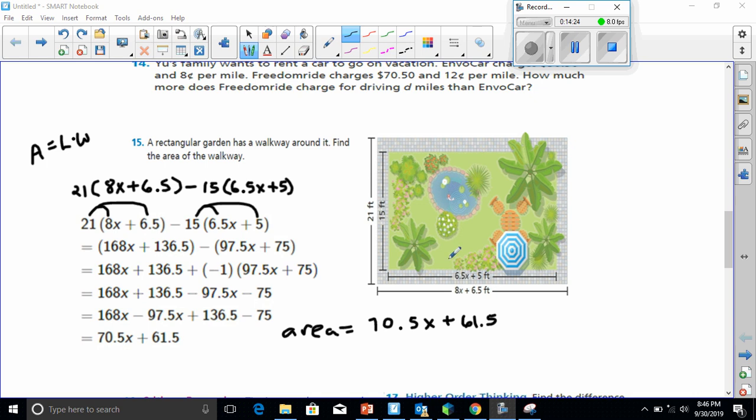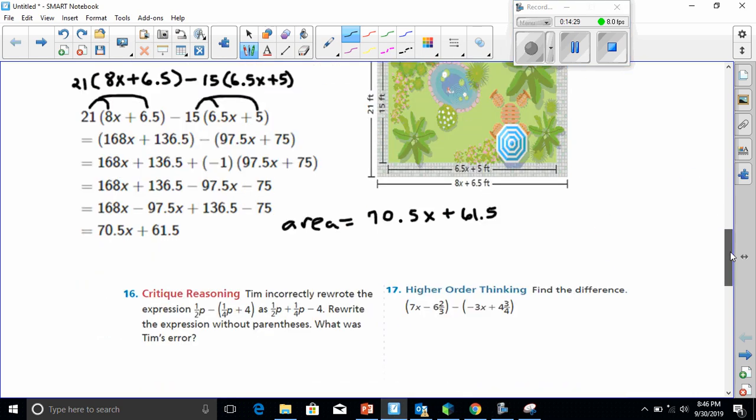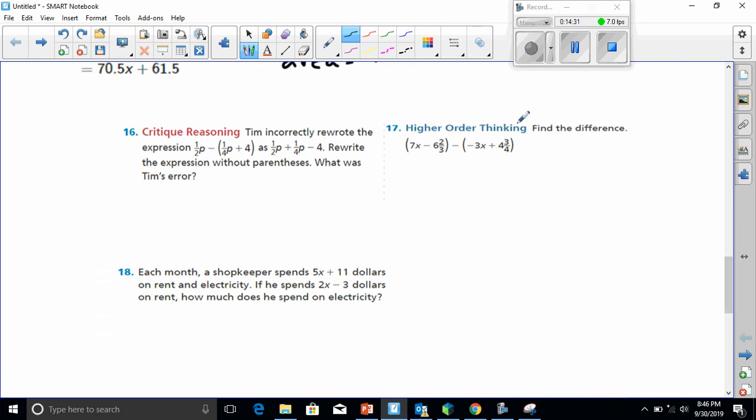Now it's time to go down to number 17. High order thinking. Find the difference. All right, we're just subtracting these numbers. And it's high order thinking because we've got some mixed numbers in here. It really isn't that much more higher order thinking, but let's go ahead and first distribute that negative 1 to everything, right?